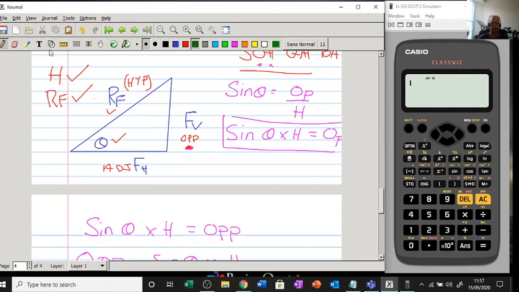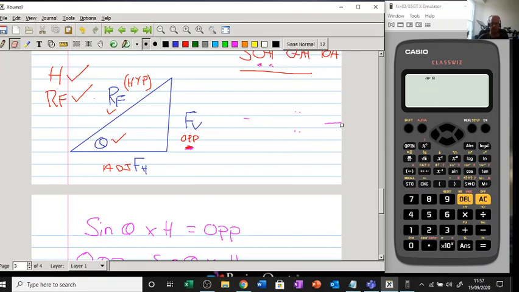So we've done the vertical. I'm now going to work out the horizontal. I know the angle and I know the hypotenuse. So I'm trying to find this length here.